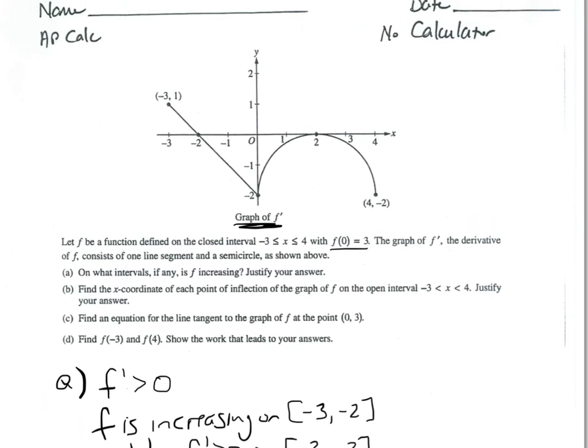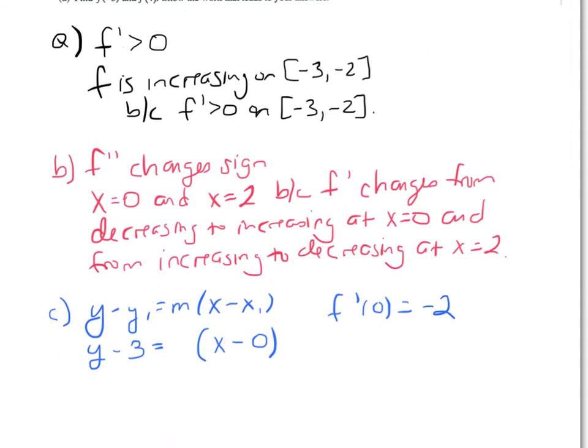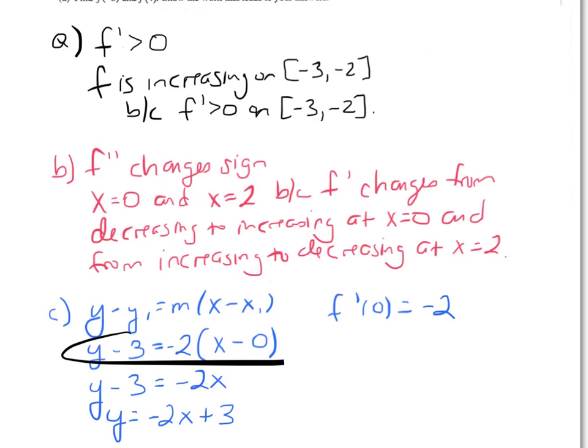Here f prime of 0 is -2. So our slope is -2, and that is our line. If you prefer, you can write this as y equals -2x plus 3, but I don't know why you would do the additional work when you can just leave it like that.